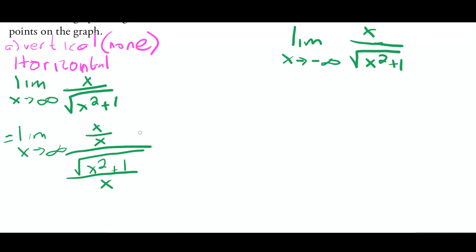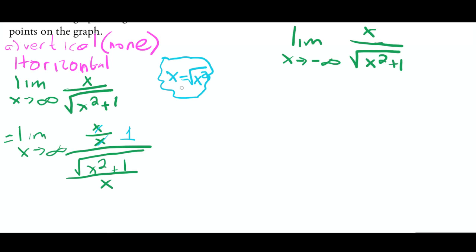The top part is easy, it's just 1. But on the bottom, you have to get the x inside of the square root. What does x equal inside of the square root? Well, it equals the square root of x squared.